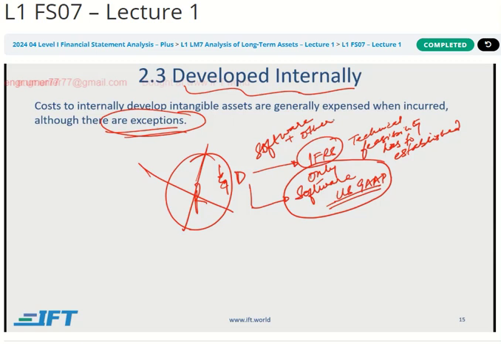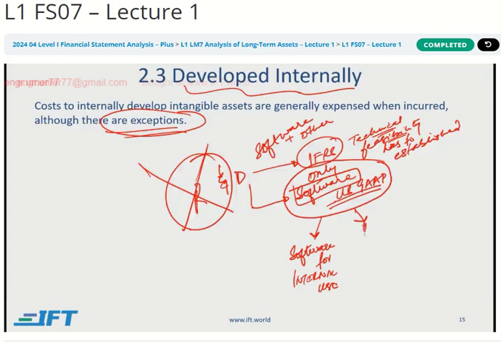IFRS just generally allows you to capitalize your development expense, but they are strict on the establishment of the technical feasibility. Now, US GAAP only allows you to capitalize software development, but there is some leniency in US GAAP.